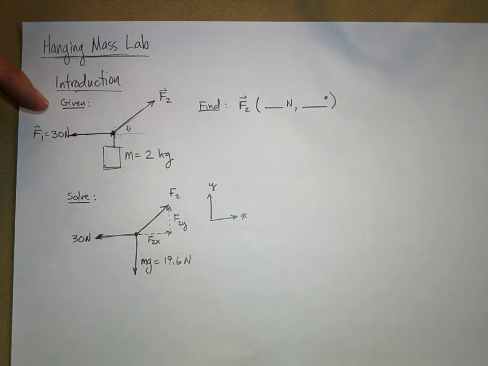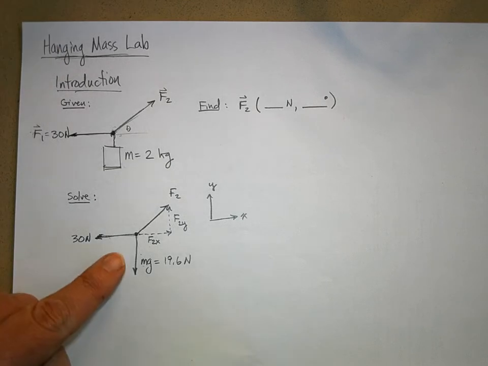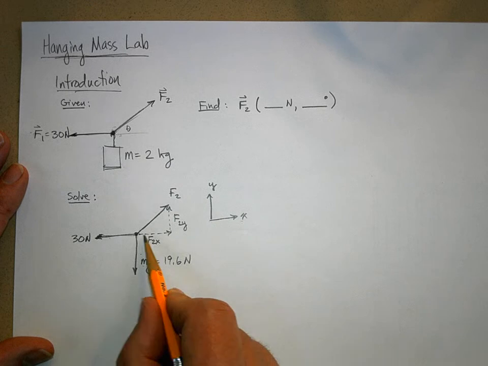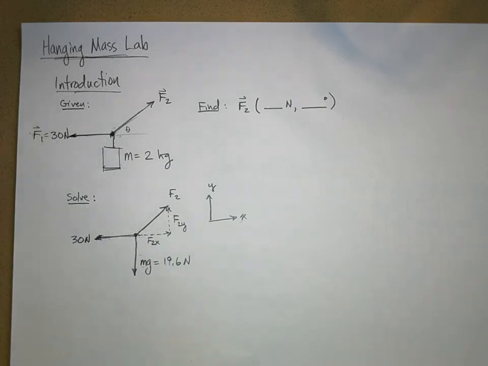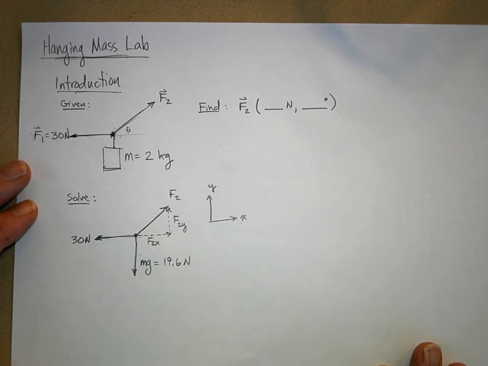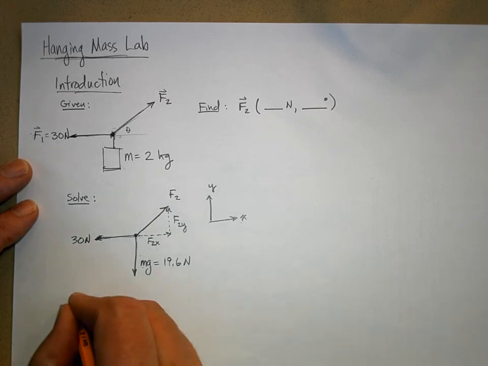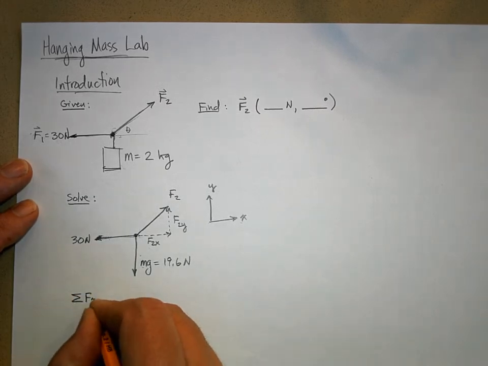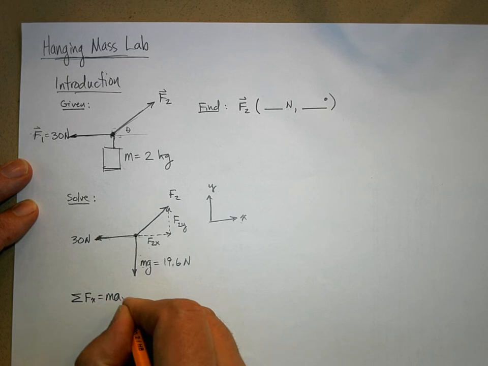Okay. Look, did given, find, and solve with a picture? Step 1. Drew the free body diagram. Step 2. Established an axis system and broke up any forces into their x and y components. That's step 3. Now on to step 4, which is to sum the forces in the x direction equals ma in the x.